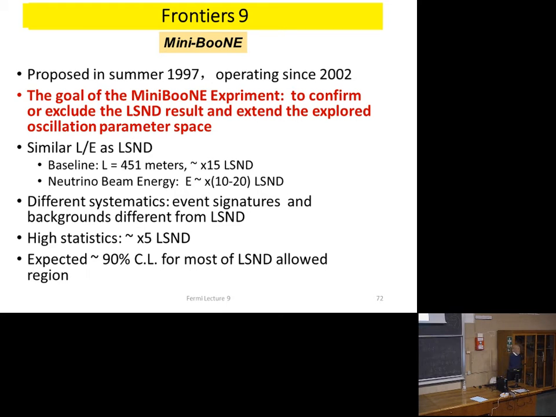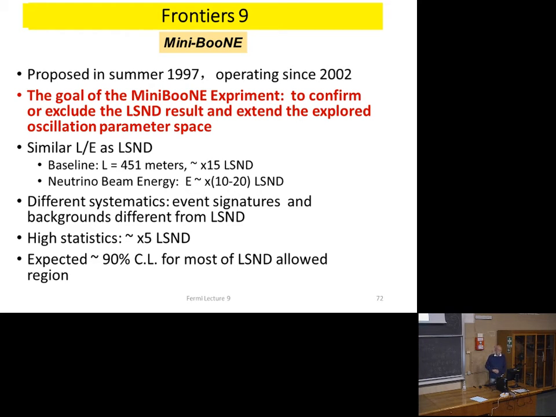So this motivated doing a better experiment. The better experiment, this was done in the early 90s. The better experiment was constructed to be started in 2002 at Fermilab and is, I believe, still taking data today. So it's still alive.